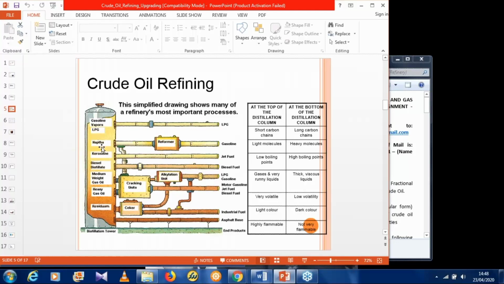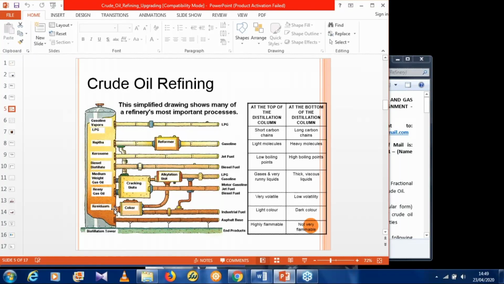Okay. Now we also have naphtha, and then we have kerosene. A lot of us are very conversant with kerosene. All right. Then after kerosene, the next component we have is diesel distillate. Then we have medium weight gas oil and heavy gas oil, and we have the residual.